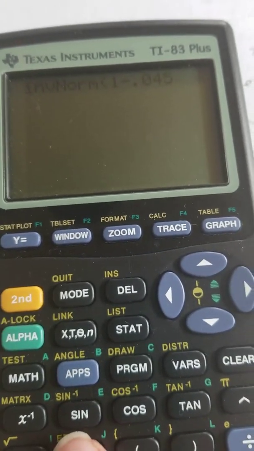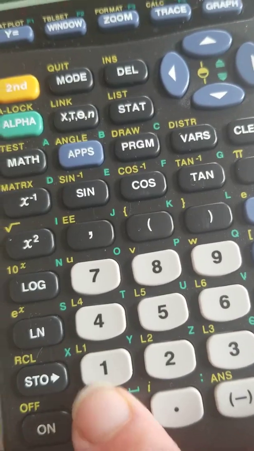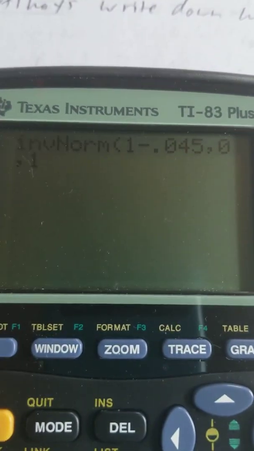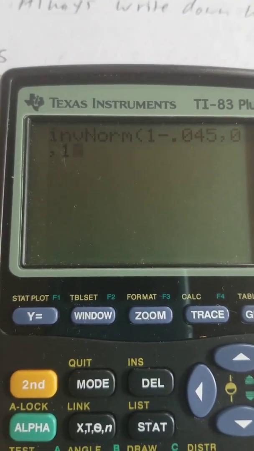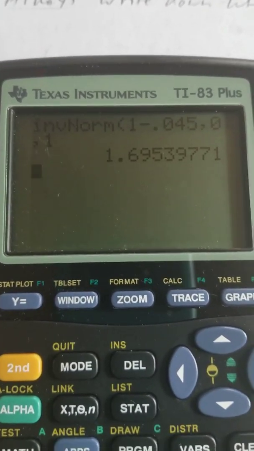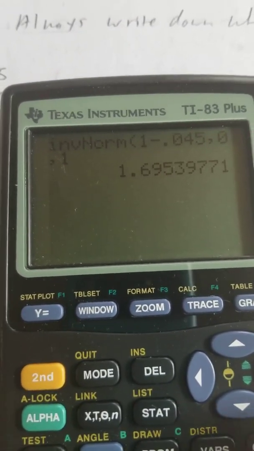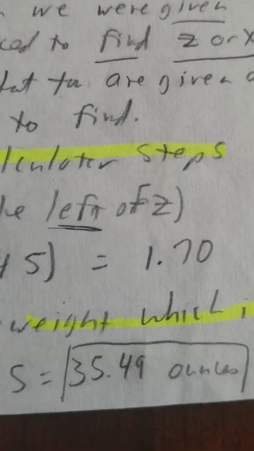So, comma, the mean is always 0. Standard deviation is always 1 for the z distribution. Okay, and then we hit enter. And we get 1.69, or we round to 2 decimal places and get 1.7. Okay, so that's where I got this answer, 1.7.